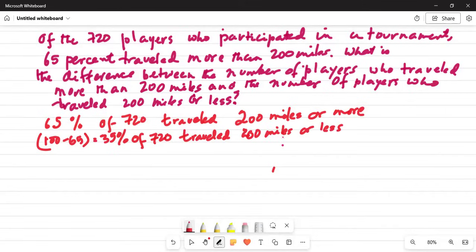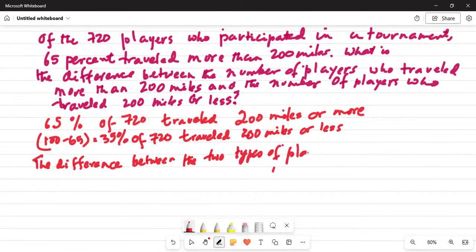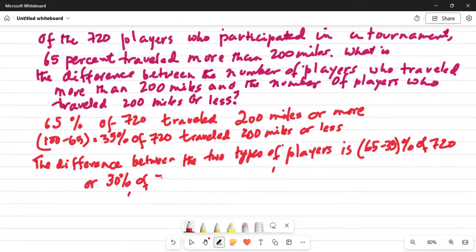So what is the difference then between them? It's 65% minus 35%, which is 30% of 720.